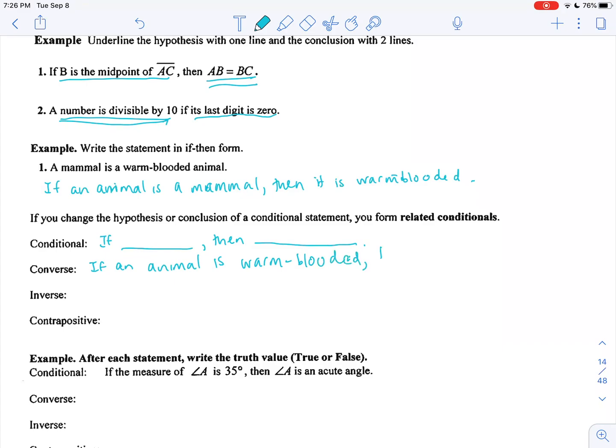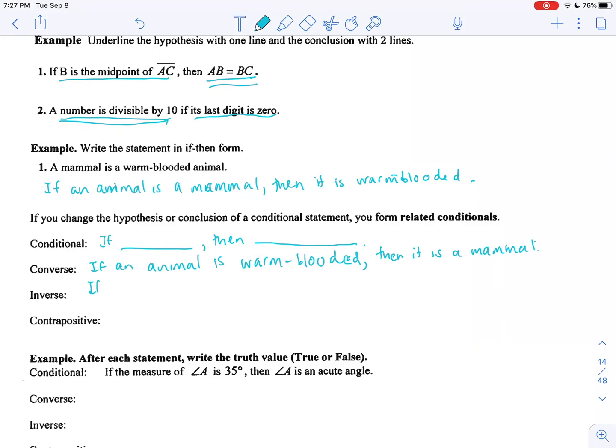If an animal is warm-blooded, then it is a mammal. Many times with definitions, we find that if the initial conditional statement is true, its converse is true as well. The inverse has a not tied to it.